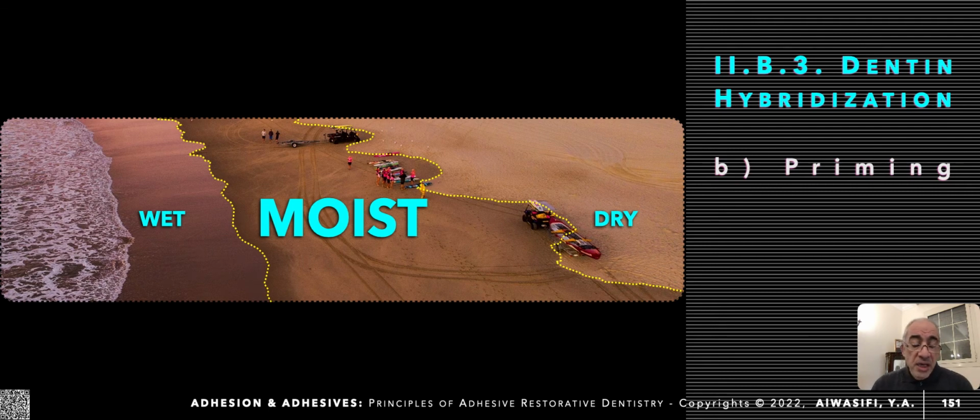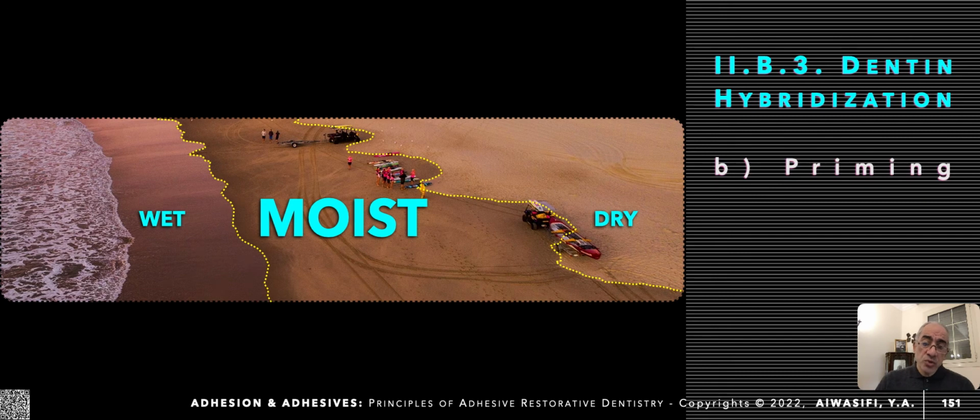It will not re-expand the collagen as you expect, and it will affect the quality of your hybrid layer. So, leaving dentin moist in between, by drying it using high vacuum suction and cotton pellets or cotton pledgets, this is the most suitable condition for ethanol and acetone based primer, okay.